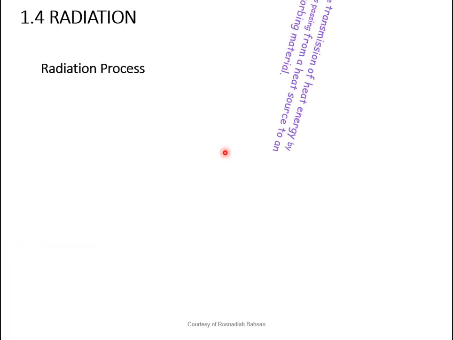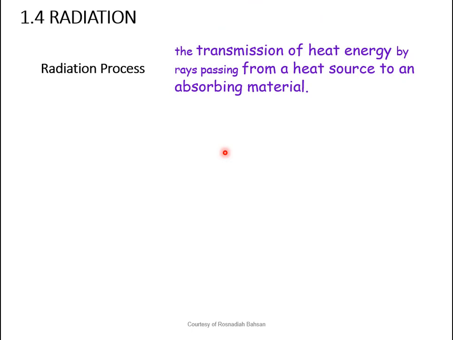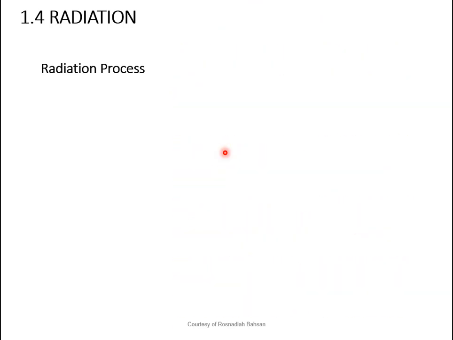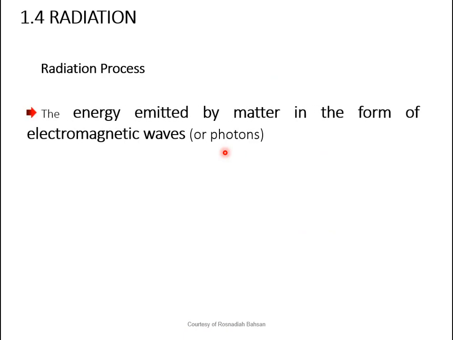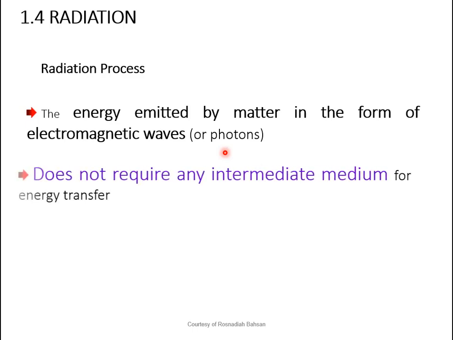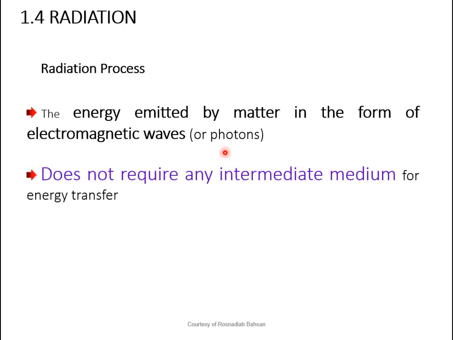Okay, so the radiation process is the transmission of heat energy by rays passing from a heat source to an absorbing material. The energy is emitted by matter in the form of electromagnetic waves or photons. It does not require any intermediate medium for energy transfer.